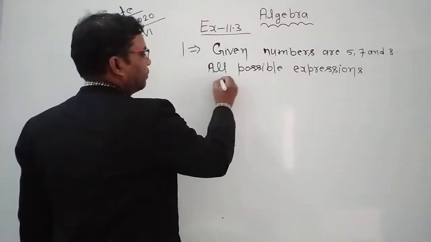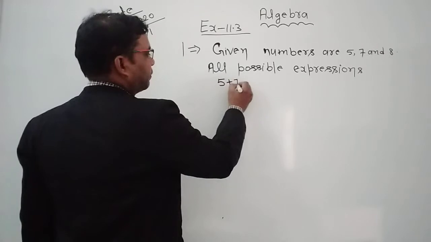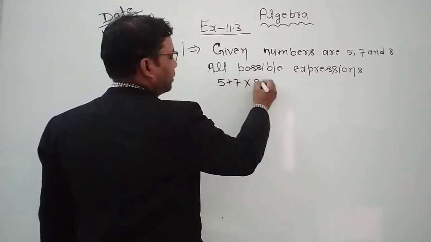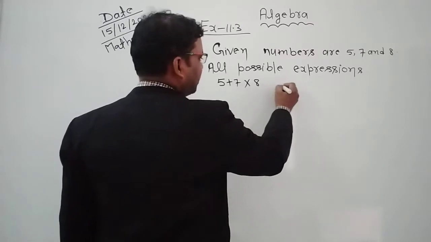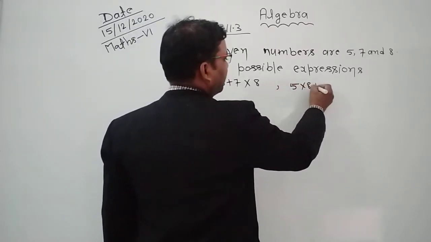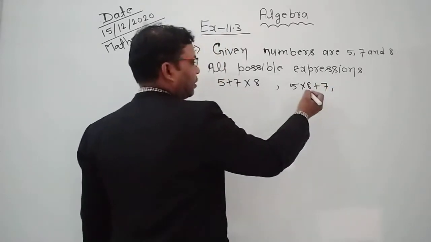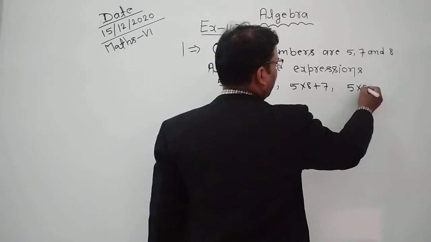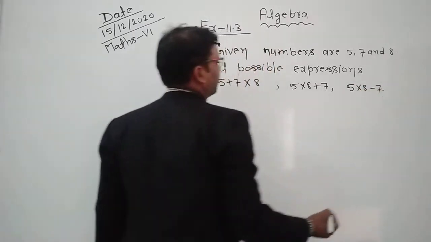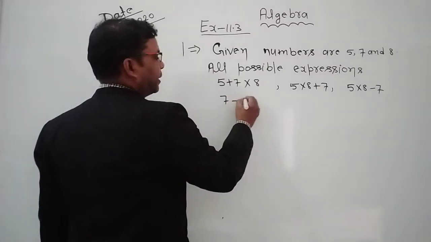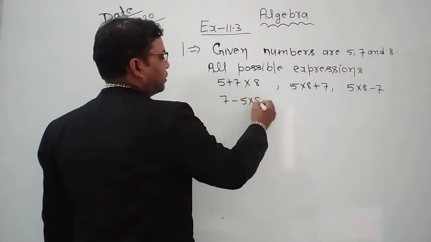First you write 5 plus 7 into 8. Or you can write again 5 into 8 plus 7. Or next is 5 into 8 minus 7, 7 minus 5 into 8.